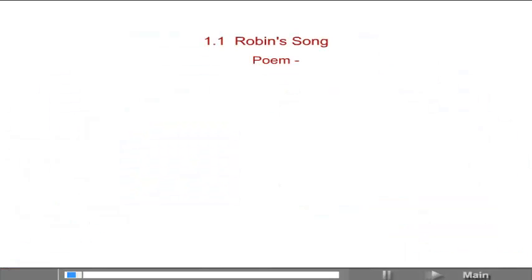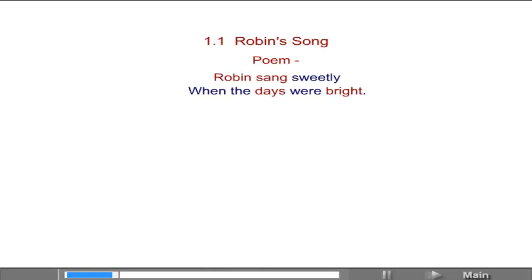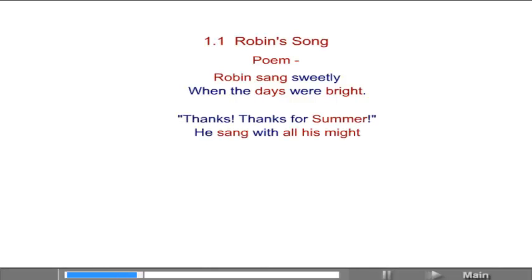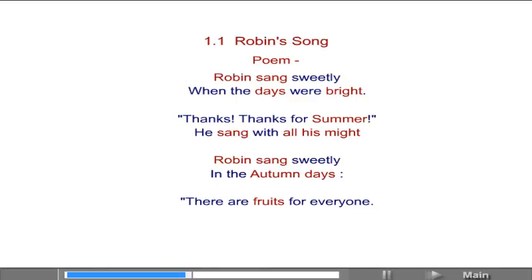Unit first, Robin's song. Robin sang sweetly when the days were bright. Thanks, thanks for summer, he sang with all his might. Robin sang sweetly in the autumn days. There are fruits for everyone, let us all give praise.